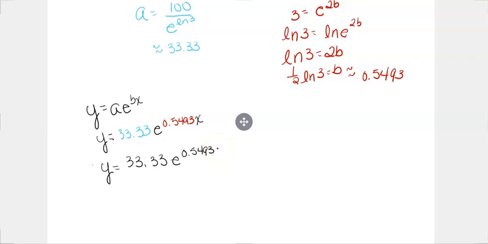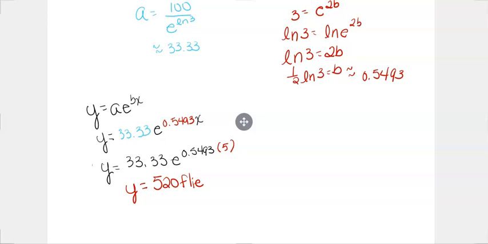To solve this particular problem, I will put a 5 in place of x, and then on my calculator, I will plug it all in and figure out that y equals 520 flies. So after 5 days, I get 520 flies.